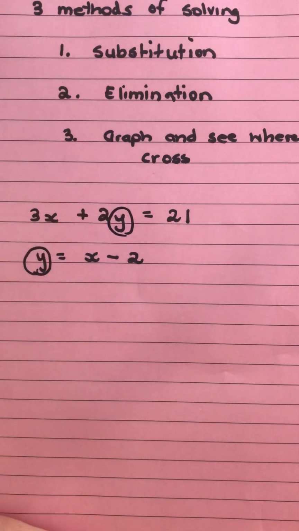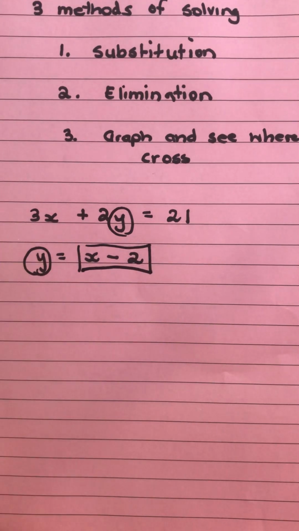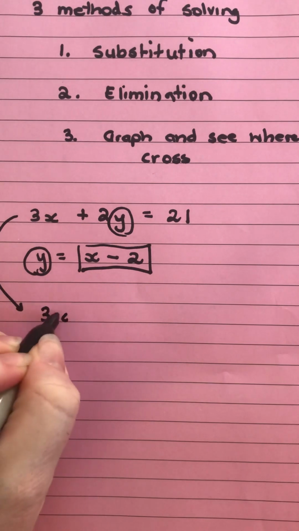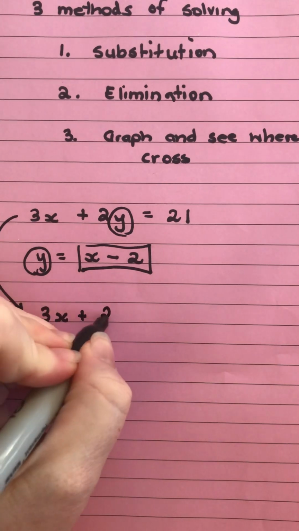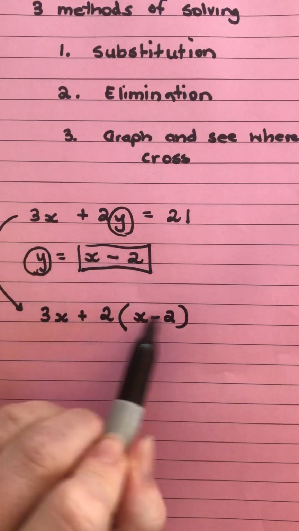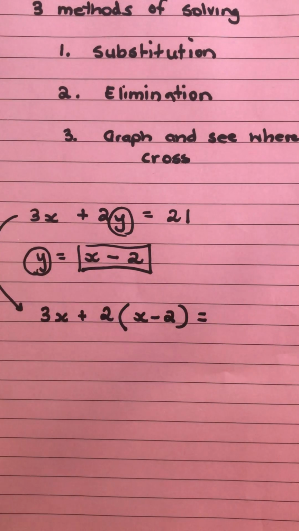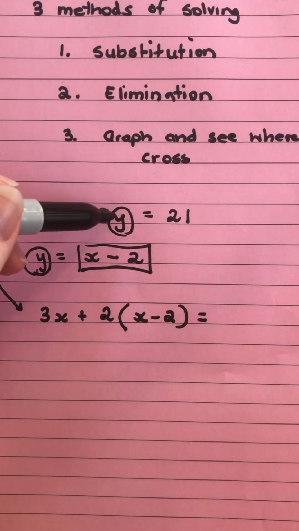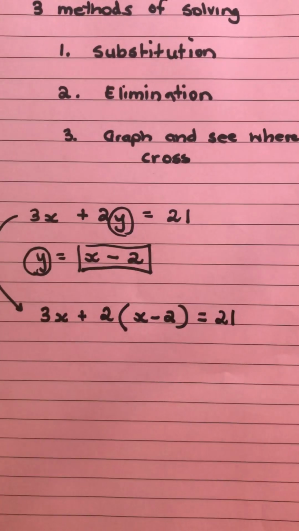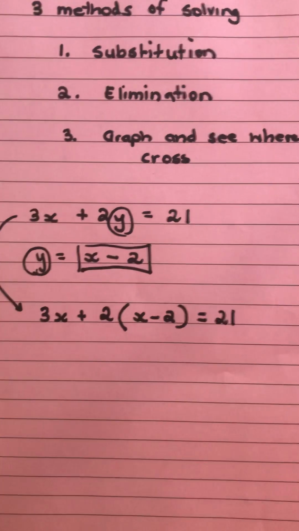So we rewrite the equation as 3x plus 2 outside of x take 2, because we've taken that x take 2 and put it in where the y was. That's why we call it substitution, because we're substituting the x minus 2 for the y. Now you can see we've only got one variable, which is what we're attempting to get, so then we can solve.